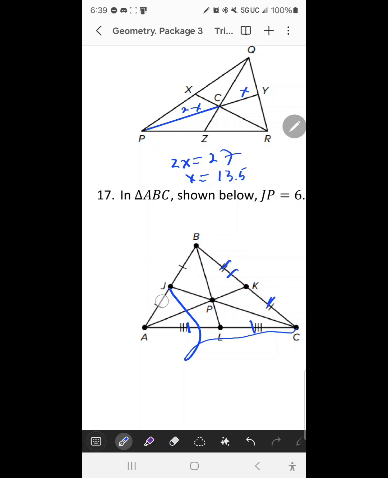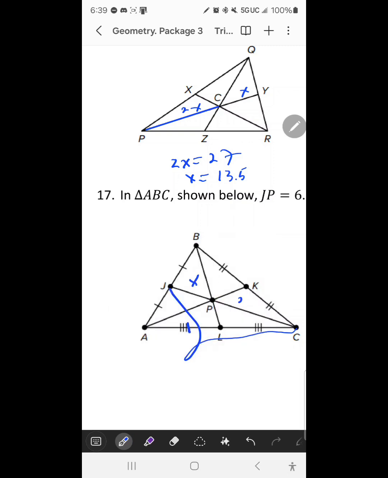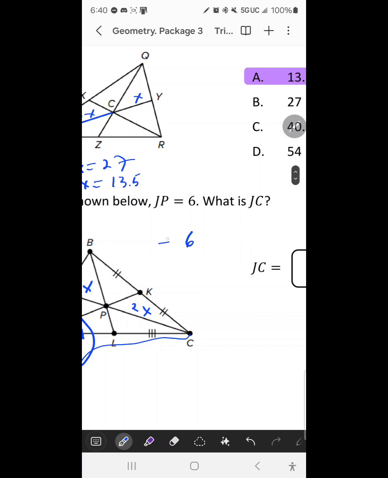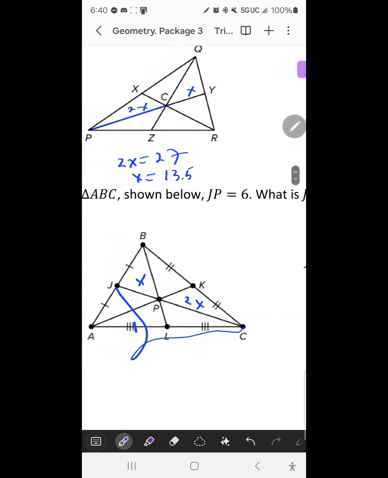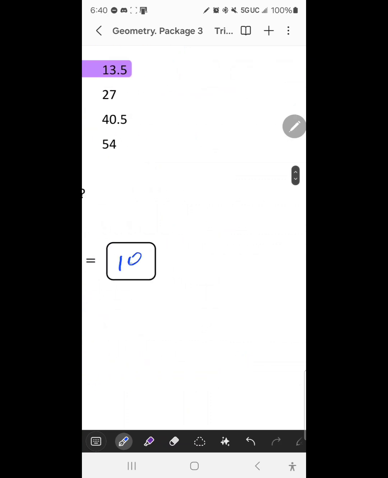So I know that this is going to be x, this is going to be 2x. So x equals 6, because JP, the little one, is x. And the total is going to be 3x. 3 times 6 is 18. And this is the value of JC.